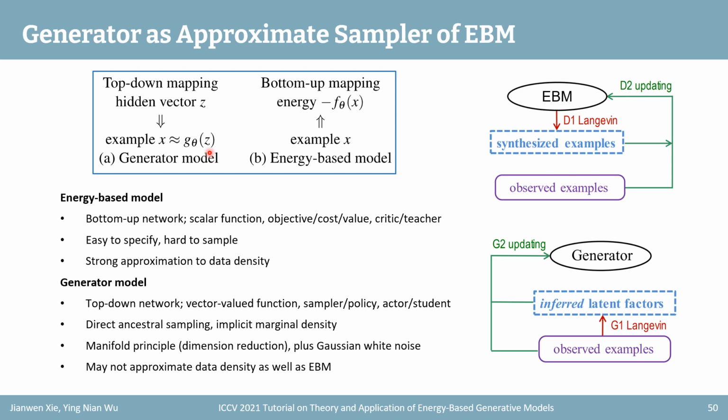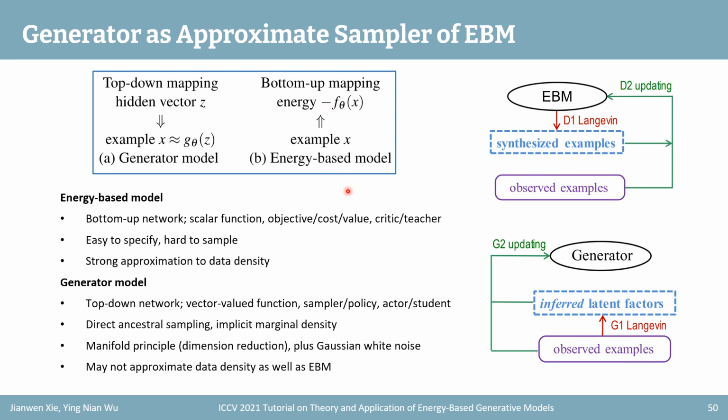And if we consider the energy-based model, it is parameterized by a bottom-up mapping or a bottom-up network, where again the image or the example X is at the bottom, and then we use a bottom-up network to compute the energy function, the negative f_theta of X. So this is the form of the energy-based model.